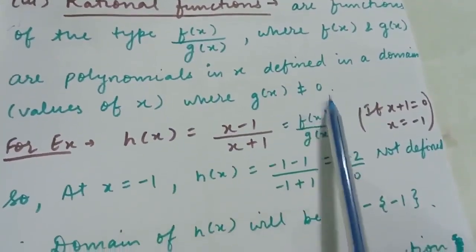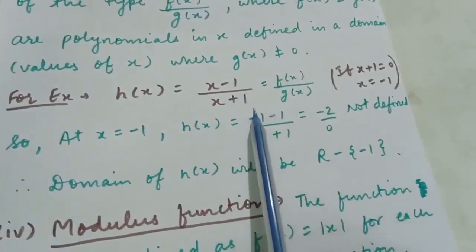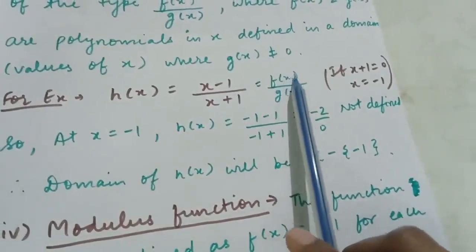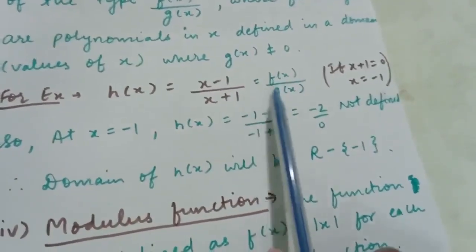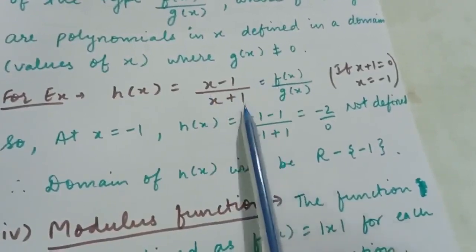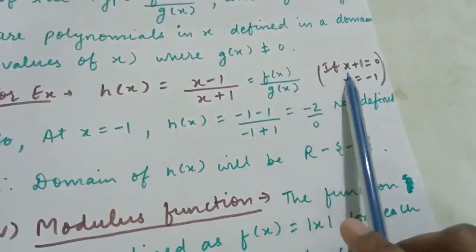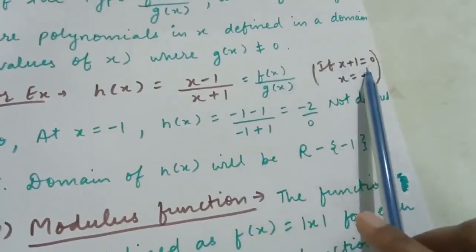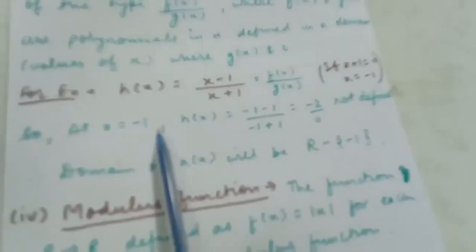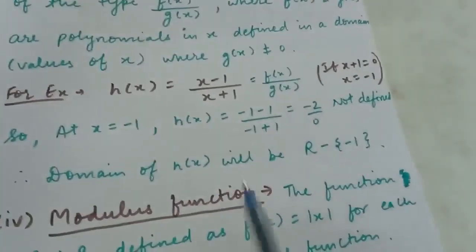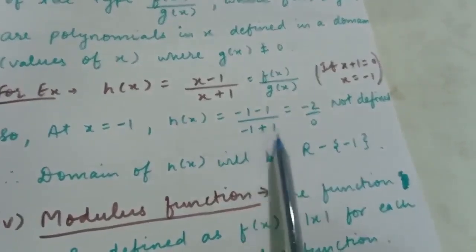For example, if we take the function h(x) = (x - 1) upon (x + 1), it is our f(x) upon g(x), a rational function. It is defined over all the values of x, but g(x) should not be equal to 0. So if g(x), that is x + 1, is 0, then x will be -1. And we can check at x = -1, h(x) will be (-1 - 1) upon (-1 + 1).